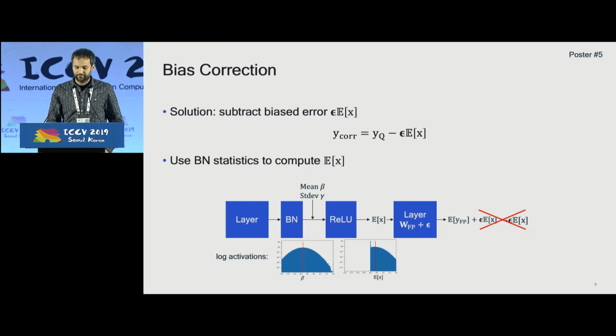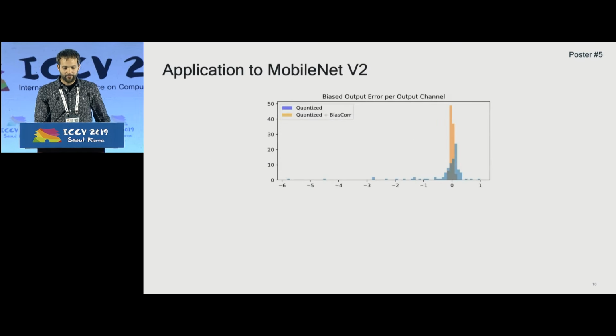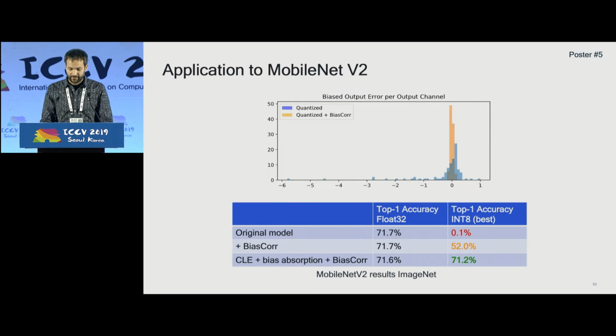Using this estimate for the expected input, we can compute the correction term without any data. Applying this to MobileNet v2, we empirically verify that our analytic bias correction can remove almost all biased error. Further, we see that bias correction improves accuracy over the baseline. Combined with cross-layer equalization, we reach near floating point accuracy.